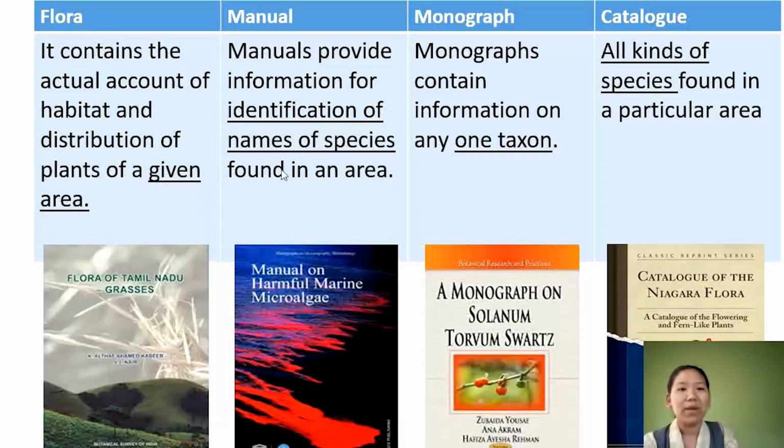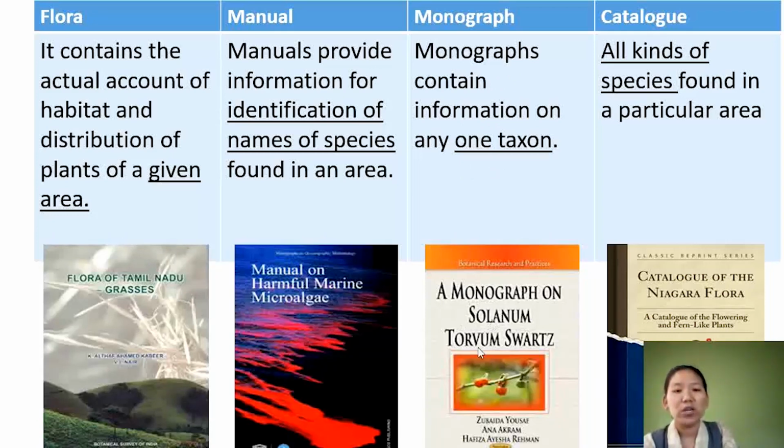Now next is manual. A manual will provide information for identification of names of species found in an area. So here, Manual on Harmful Marine Microalgae. So these are the books which help us in identification and classification. Next is monograph. A monograph will give you information only on one particular taxon.